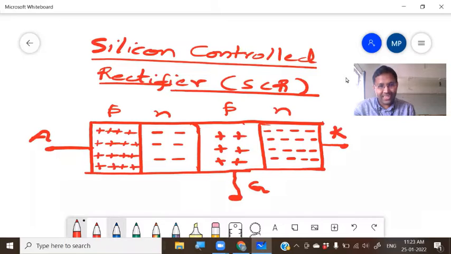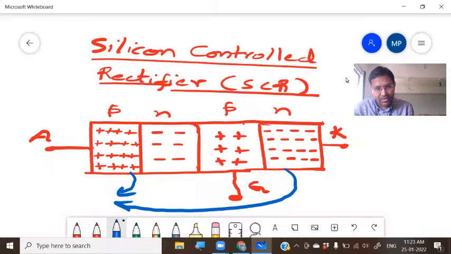So coming to the construction of SCR, what we need to remember here is the outer regions, this one as well as this one, are heavily doped.